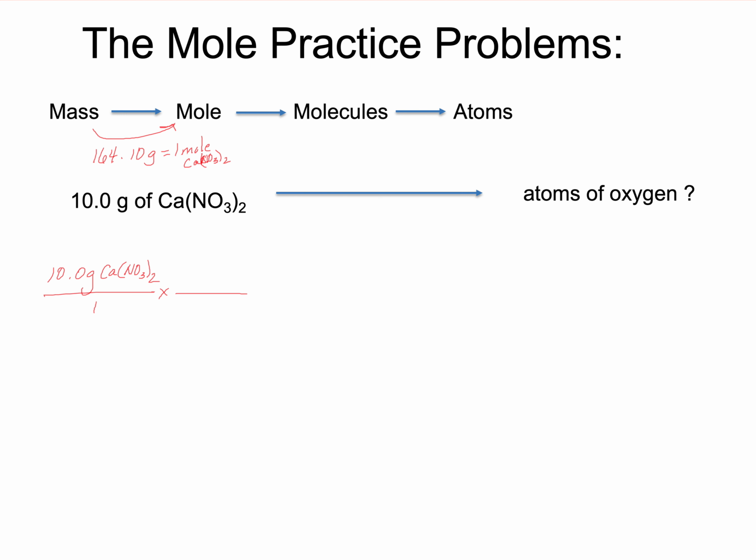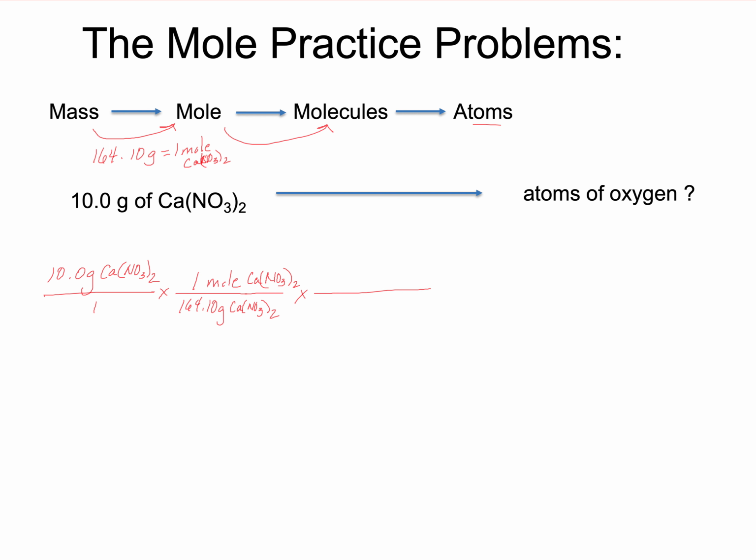And so let's go ahead and do that. So we know that 164.10 grams of calcium nitrate is equivalent to 1 mole of calcium nitrate. Well, we want to know how many molecules that is in order to get to atoms.